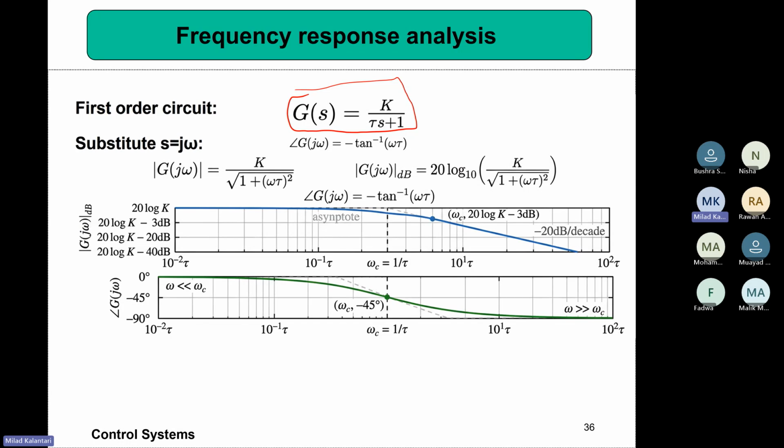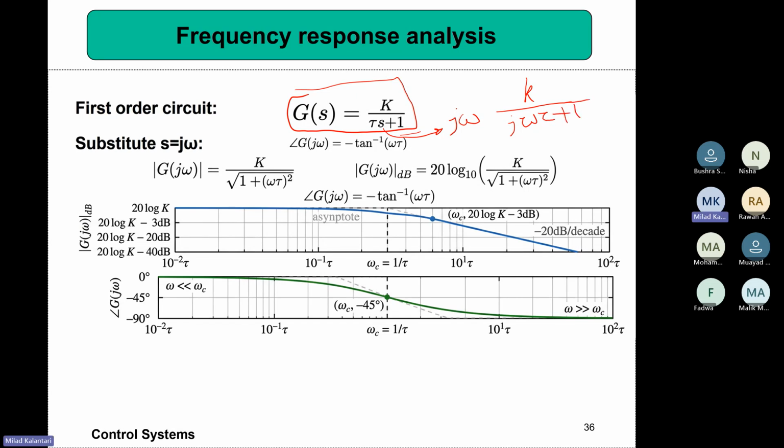And then you just put S as j omega because we are just caring about the sinusoidal input, and then we are just caring about the steady state, right? In that case, what you will have is basically j omega tau, for this first order, plus 1.